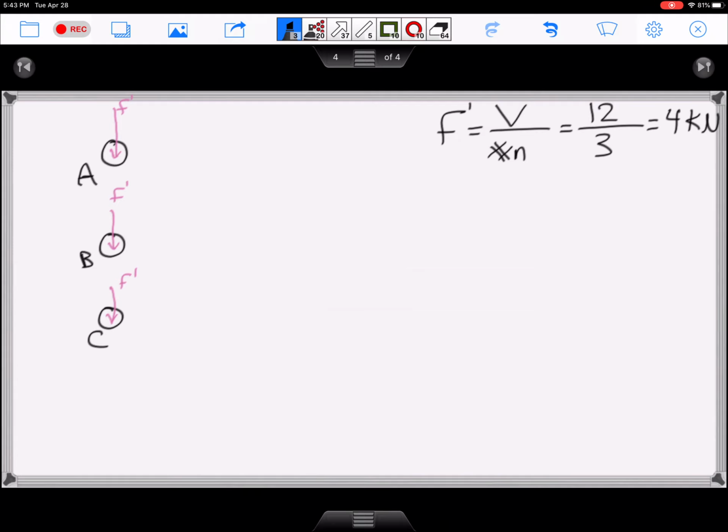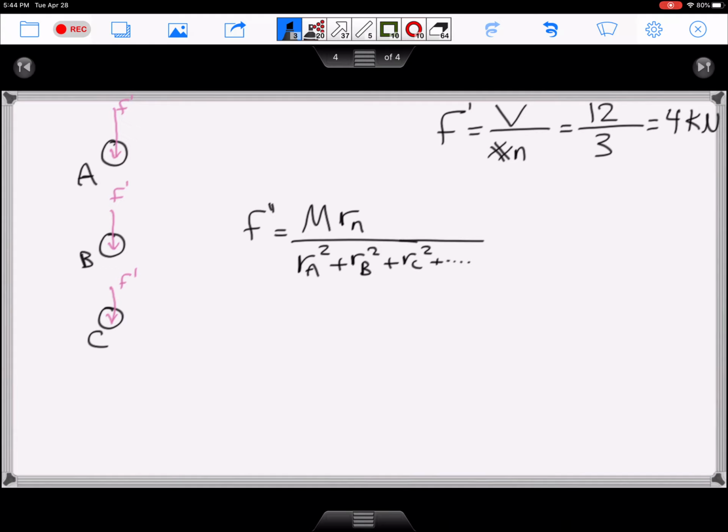Now let's move on to find the secondary shear, which is governed by this equation: the moment times Rn over Ra squared plus Rb squared plus Rc squared, and so on. For this one, we have to find the centroid, because Ra, Rb, and Rc are the distances from the centroid to the bolt of interest.